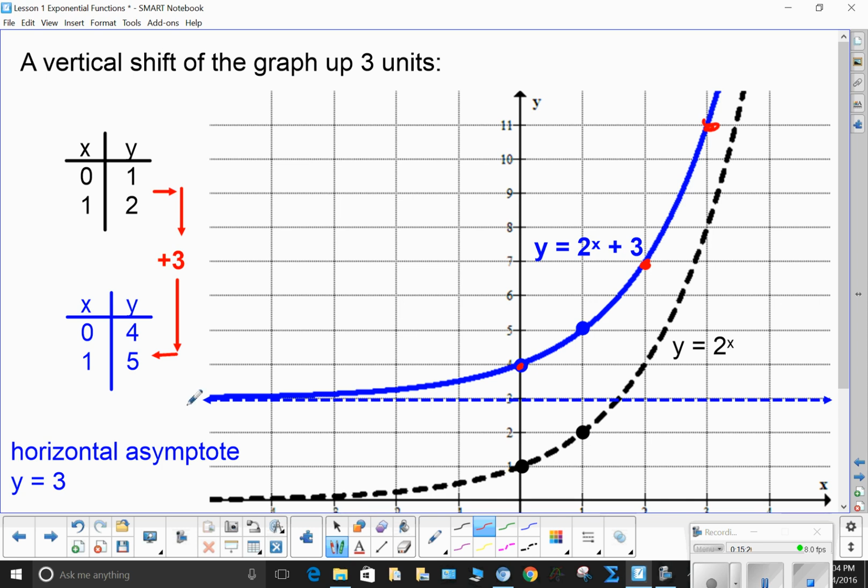And notice I have my asymptote running right along here. My asymptote went from being y equals 0 to y equals 3. It raised up 3 units. Why? Because I took the entire graph and shifted it up 3 units, so the asymptote also shifts up. Important: remember, if the asymptote is not on the x-axis, then you need to draw it in with a dashed line.